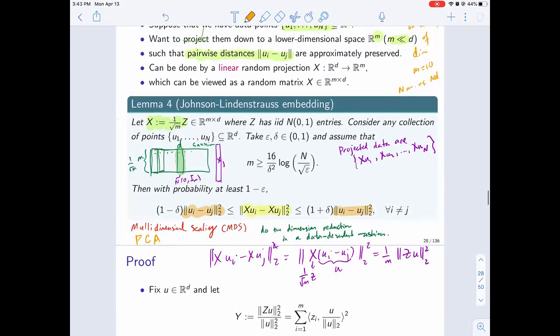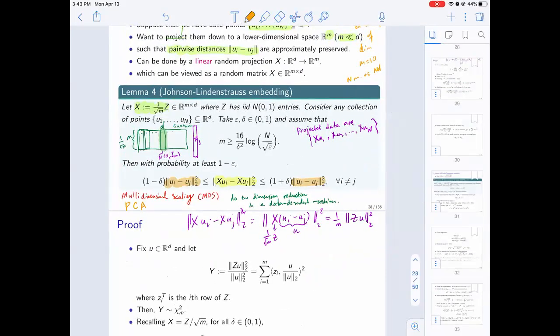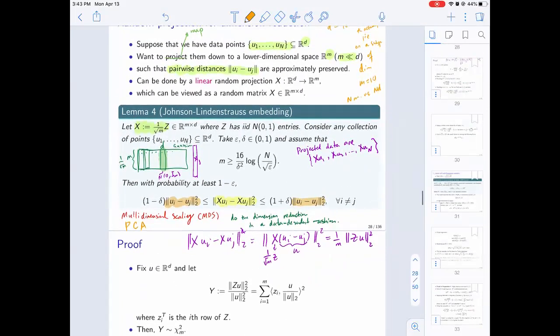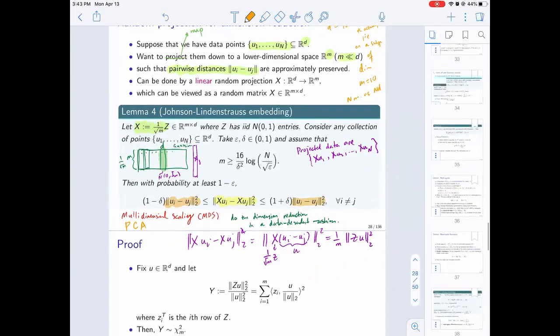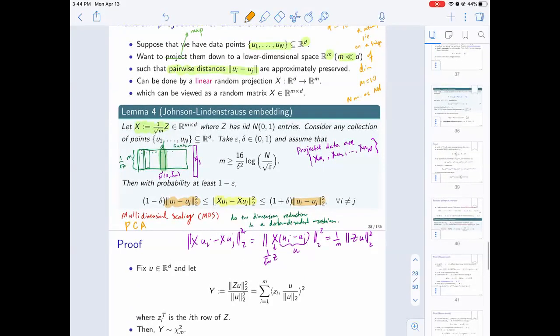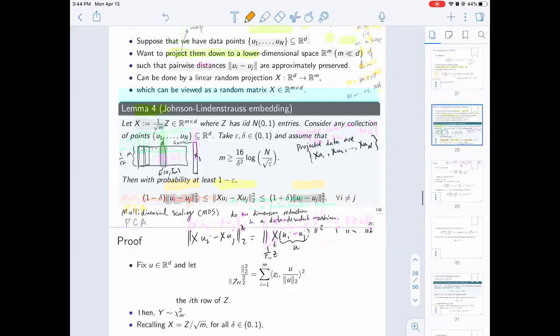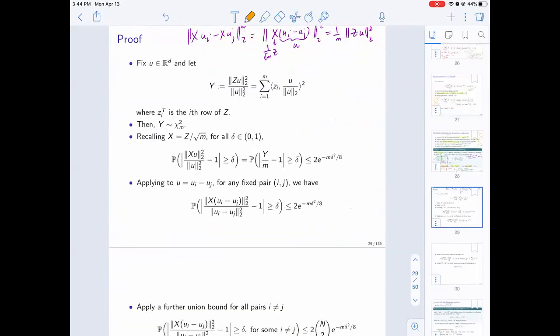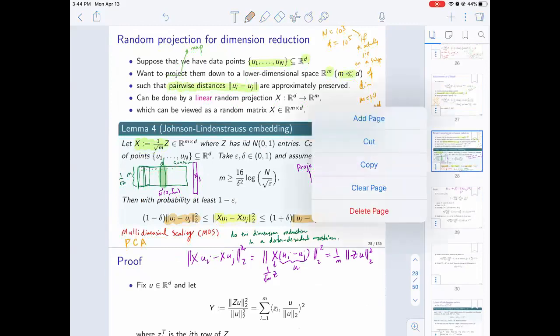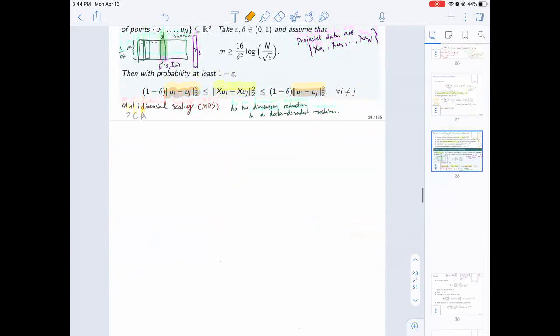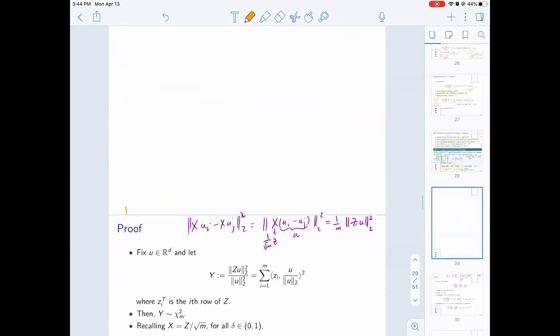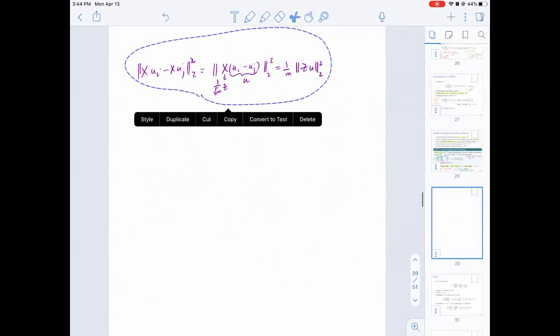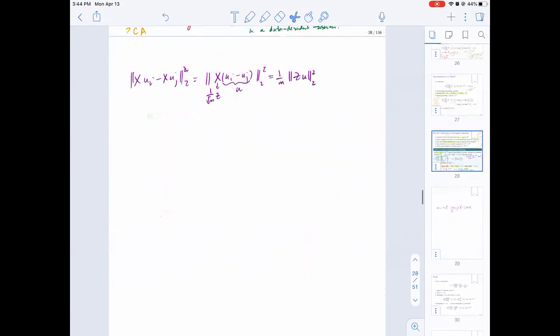Let's say for the people who haven't looked at the proof, if you want to do this on your own, how would you proceed? Can you give me a tail bound for this?